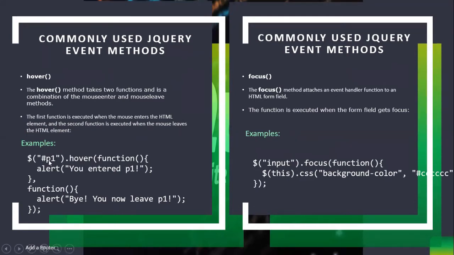So if we hover over this P1 with this event, the first function will alert. Then comma, the second function is, when you leave, it will show the alert "you now leave P1".